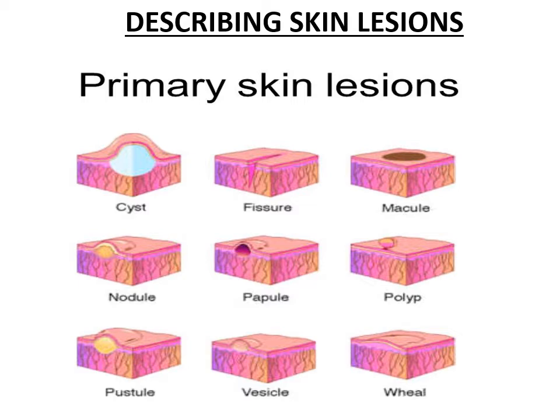They'd be associated with, say, acne, or if you had an infection of the skin called folliculitis, which is an infection of the hair follicles, and it shows up as multiple white pustules all over the place, well, that would be a pustular rash. A vesicle, I mentioned herpes, or herpes simplex or herpes zoster. And finally, a wheal and flare, that would be an allergic reaction, such as an insect bite. Okay.